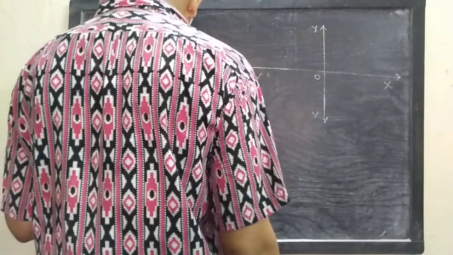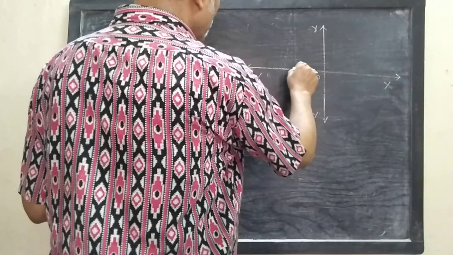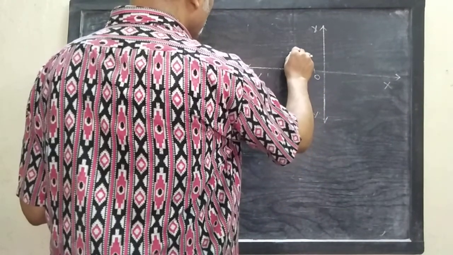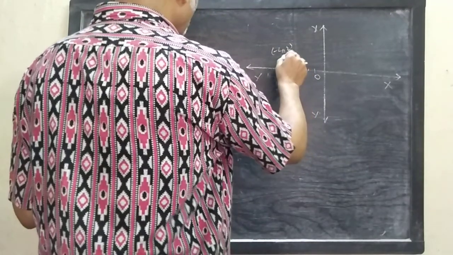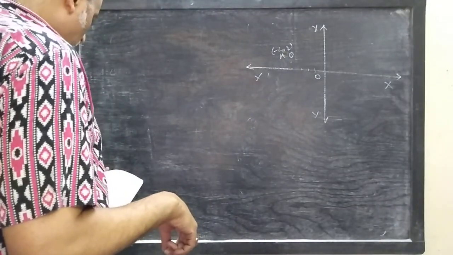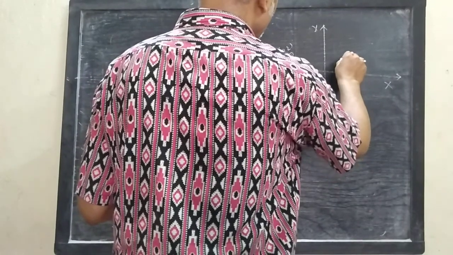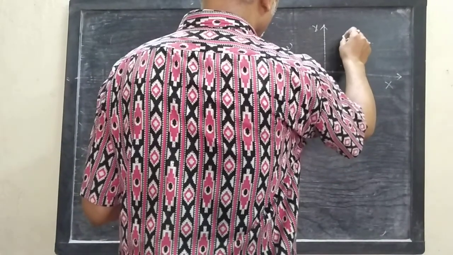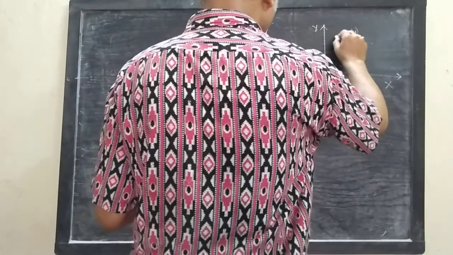Plot the point A minus 4 comma 2. 1, 2, 3, 4, minus 4 comma 2. This is your point minus 4 comma 2, and the name of this point is capital A. Next, you are asked to plot the point 2 comma 4. 1, 2, 3, 4. This is the point 2 comma 4, and the name of this point is B.